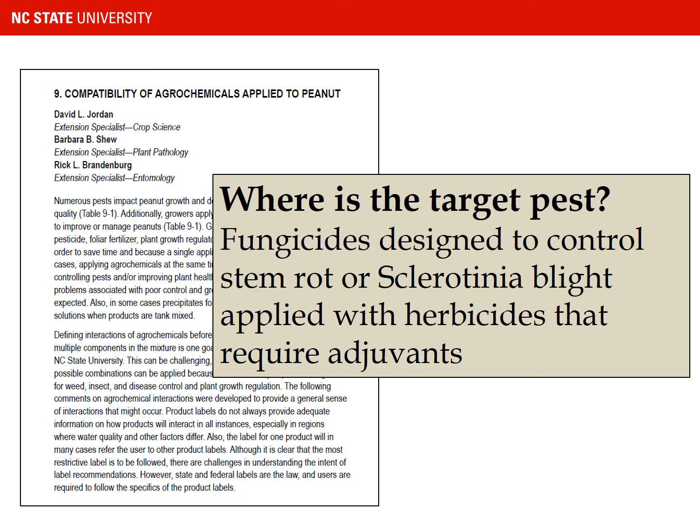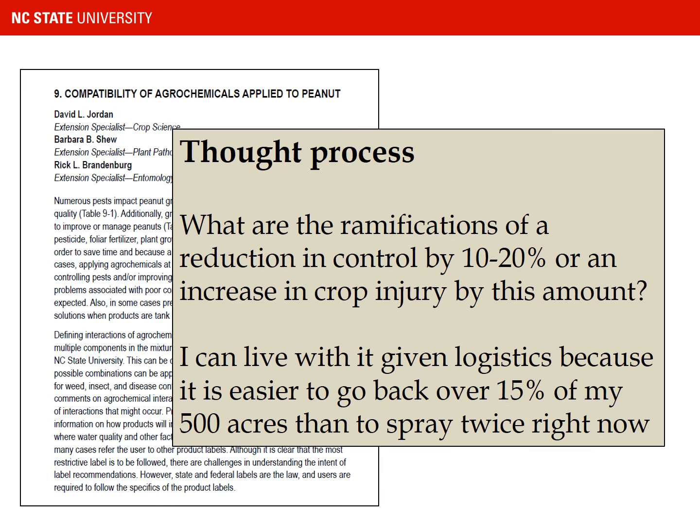The materials for stem rot and sclerotinia blight, the fungicides, are designed to cover the foliage, but in many ways they are designed to move down to the base of the plant where those pathogens begin to start. So when you start using adjuvants to make the herbicides perform better, you actually could make the fungicides perform less effectively on these soil-borne pathogens.